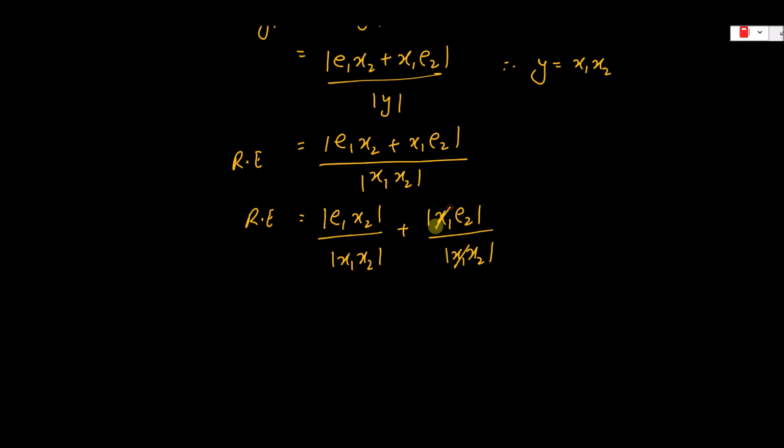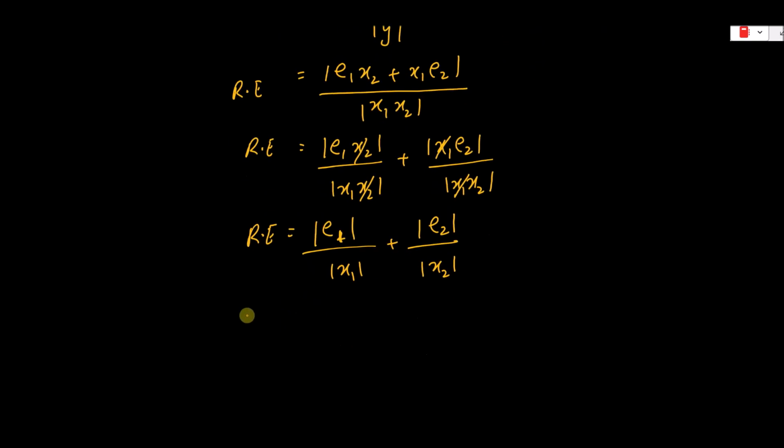So this cancels with this and this with this. So the relative error equals e1 over x1, and sorry, this is e1 not e2, plus e2 over x2.